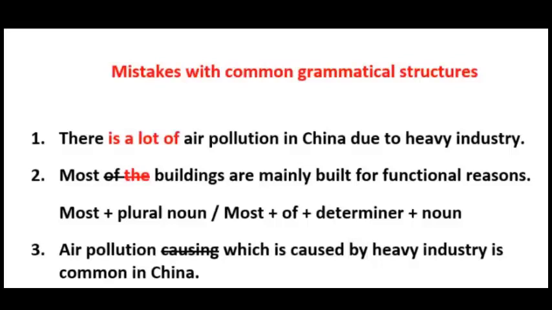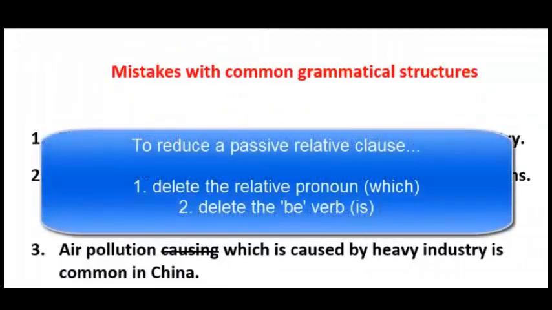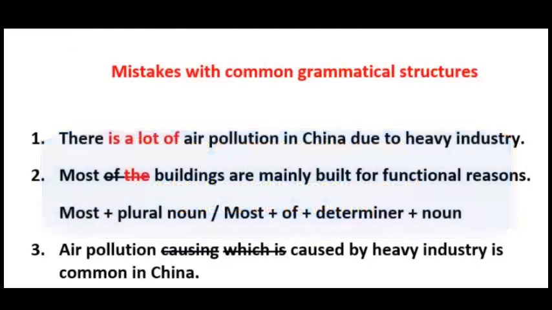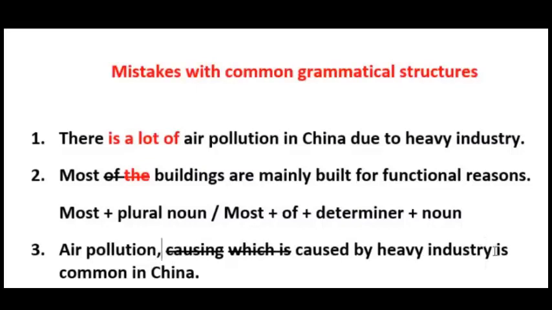Now if I want to reduce a relative clause, all I have to do in the case of a passive relative clause like this one is cross out the which, the relative pronoun, cross out the be verb, and I'm left with caused. So air pollution, caused by heavy industry, is common in China. Let's put those commas in.